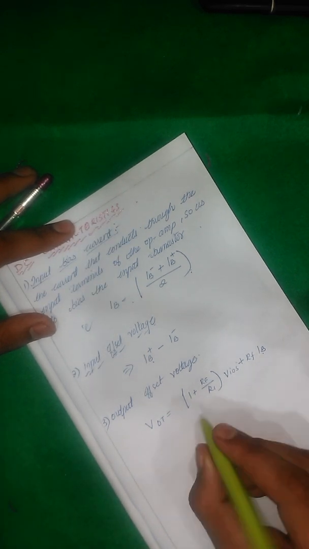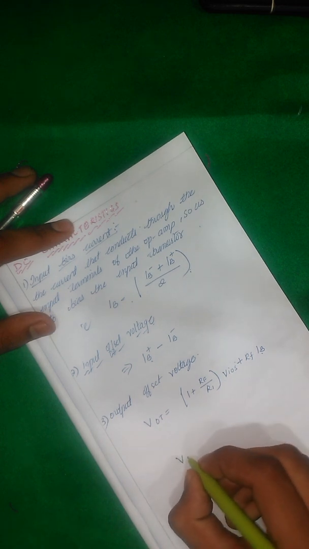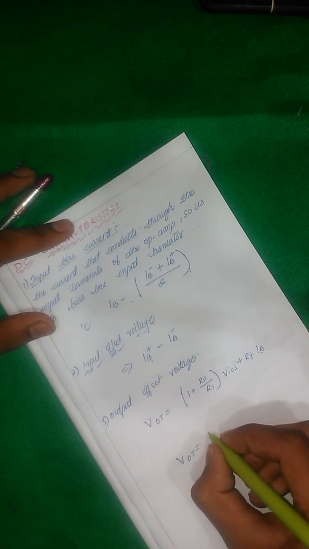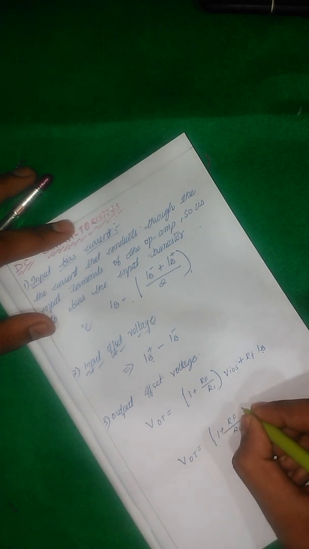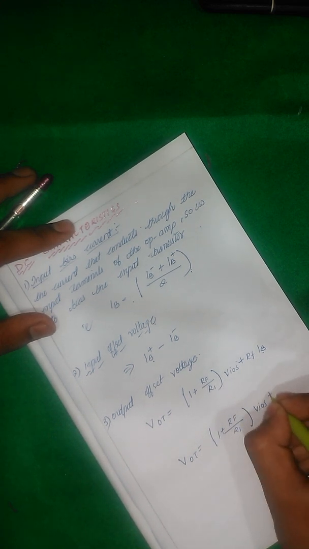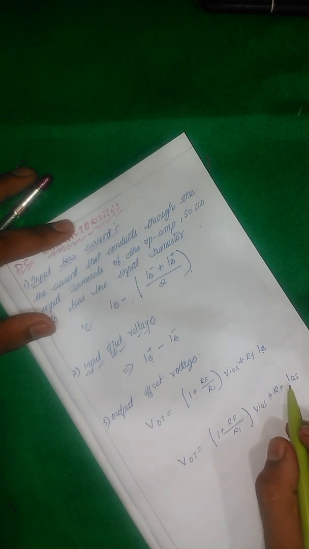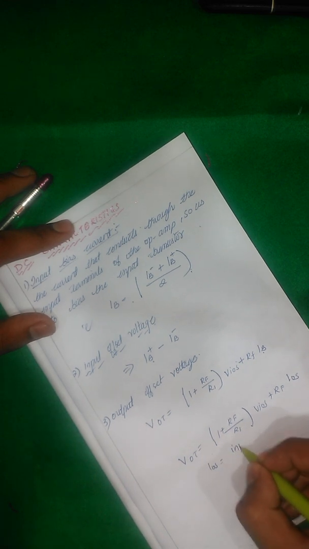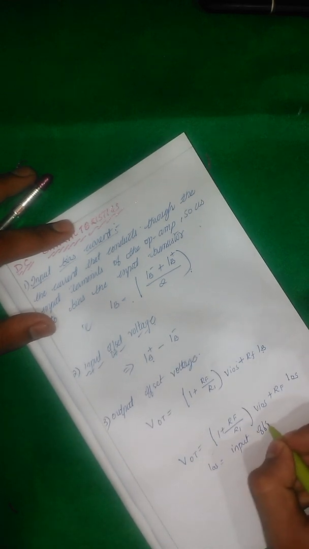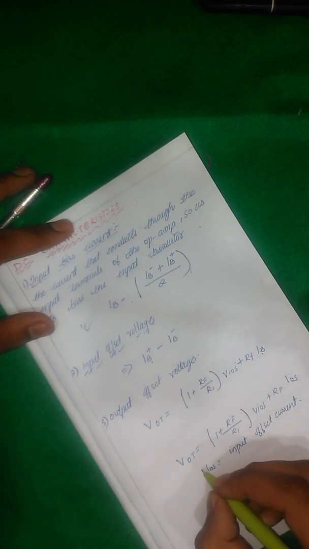We can also write V_out equals (1 plus R_F by R_1) V_IOS plus R_F I_OS, where I_OS is the input offset current.